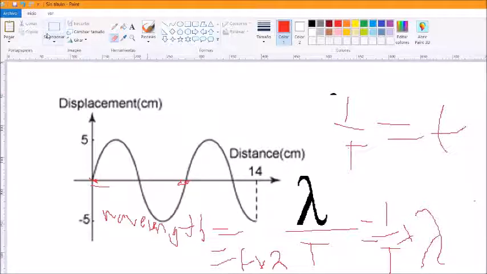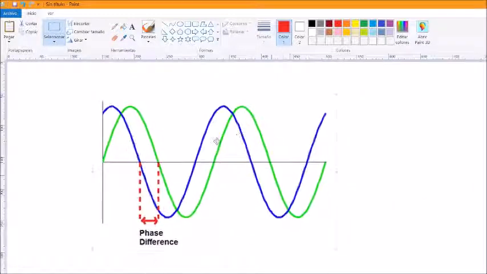So I'm going to insert the other graph. Here, imagine that the y-axis is displacement and here is time. This space between the two waves is going to be the phase difference, because it's the difference of the two waves, represented in seconds.